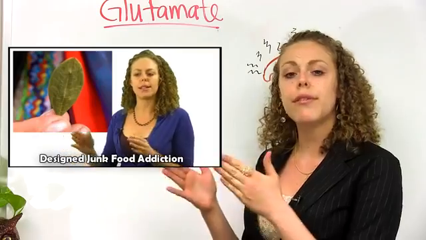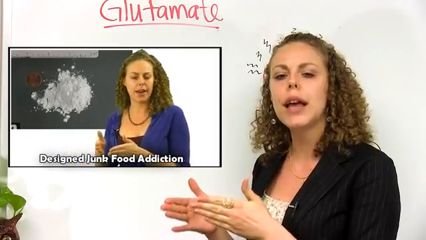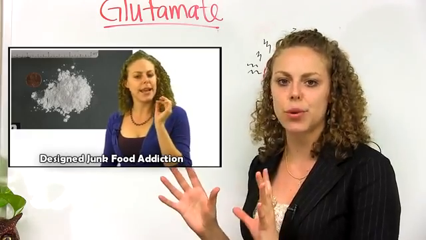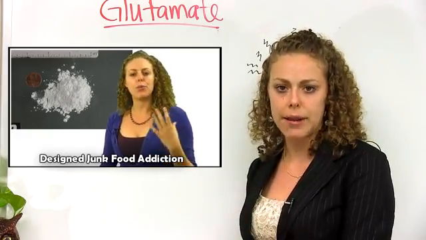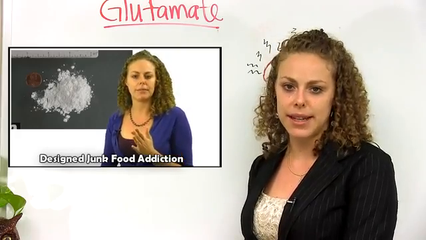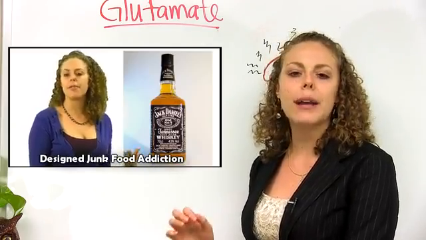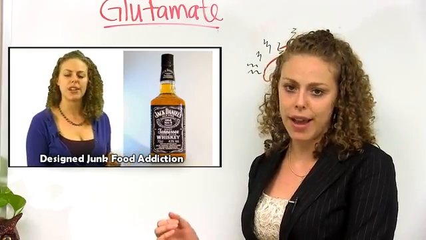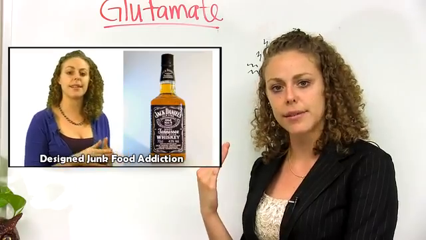You actually refine this down to a pure chemical substance, which elicits a very intense excitatory response on your brain. In our video, Junk Food Designed to Be Addictive, we explain the refining process in more detail and how these highly refined chemicals affect our brains.